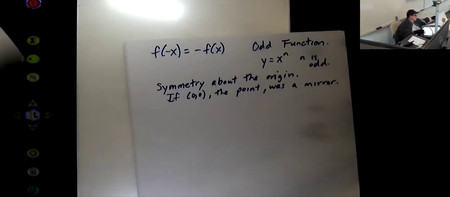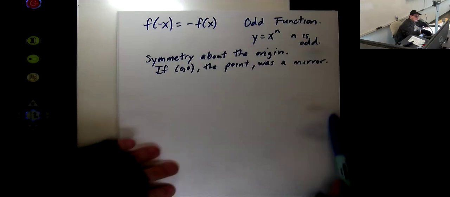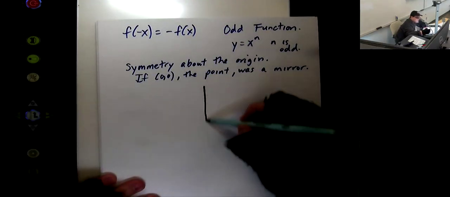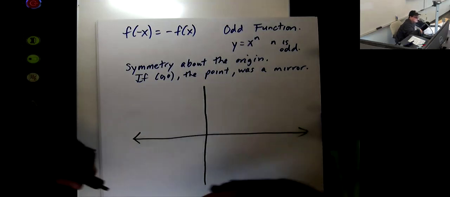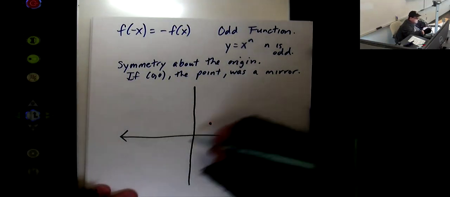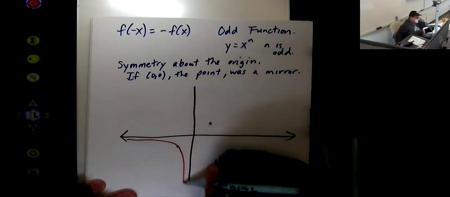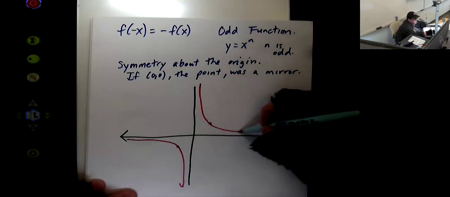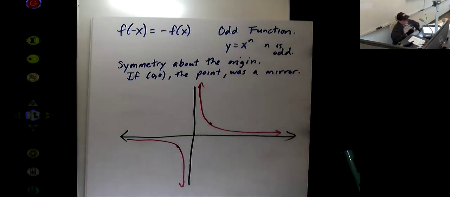Let's look at what symmetry about the origin means on 1 over x. We'll just do a quick sketch of this.